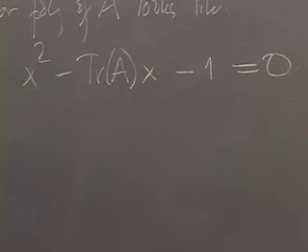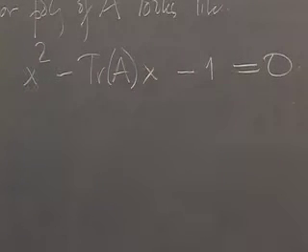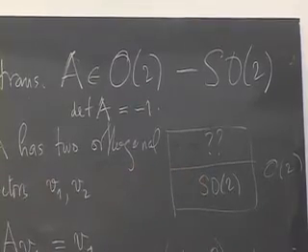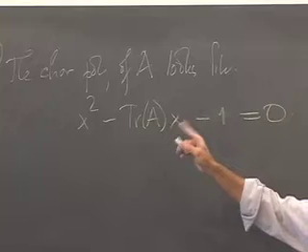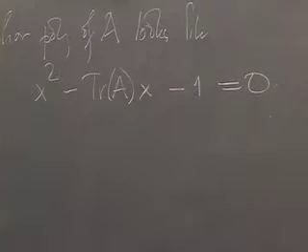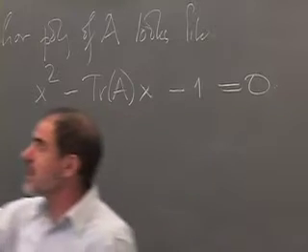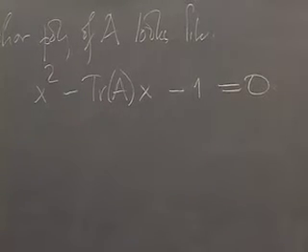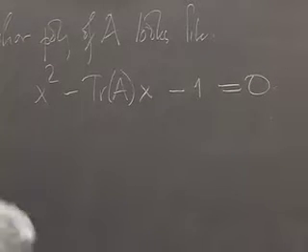We don't know what the trace is, but we know what the determinant is. That's what it means to be in this non-trivial coset. It means the determinant of A is -1. Now, this is a quadratic polynomial. Its roots over the real numbers tell us what the eigenvalues are, right? It may not have any roots over the real numbers, like in these cases. However, in this case, I claim it has both roots in the real numbers.